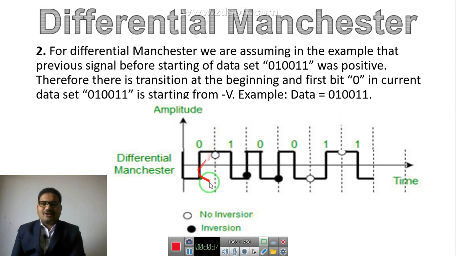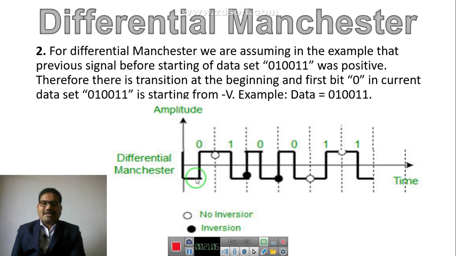So you can see in this figure that we are assuming the previous signal before the start of the data, this 0 1 0 0 1 1, was what? Positive. So therefore there is a transition at the beginning, and the first bit 0 in the current data set is there. So it is starting from what? Minus V volt, because we have assumed that earlier it was positive. The next bit is a 0, so there is a transition.